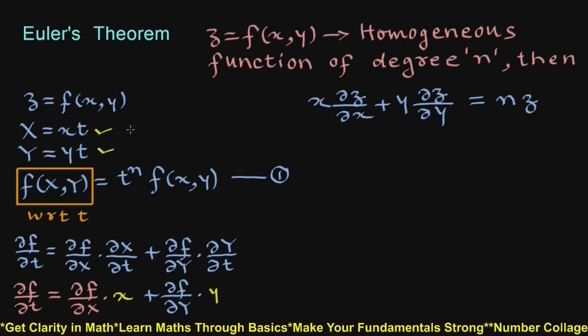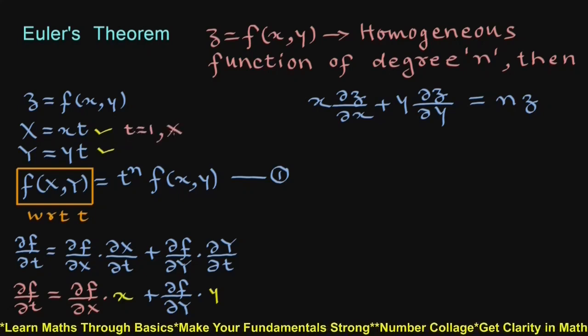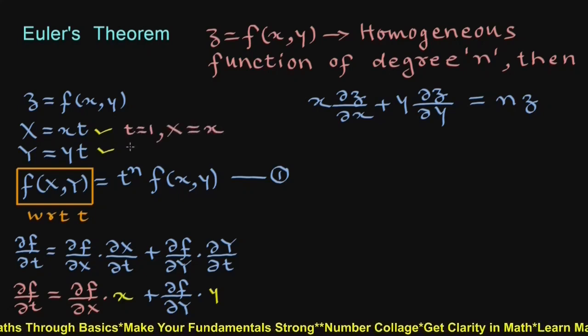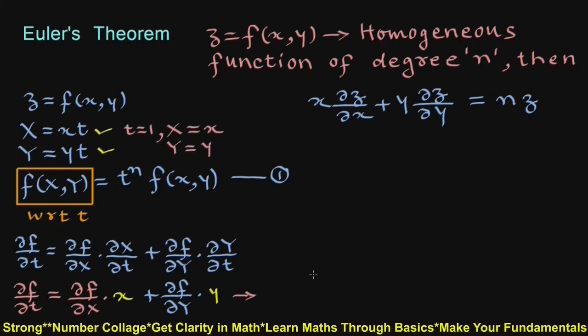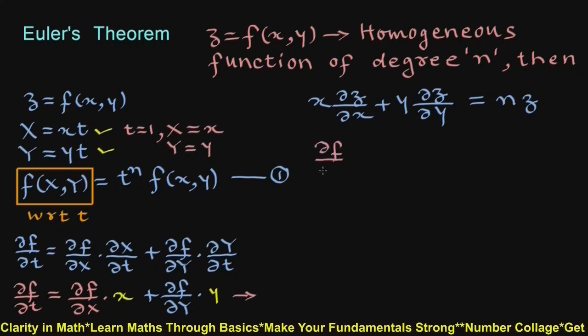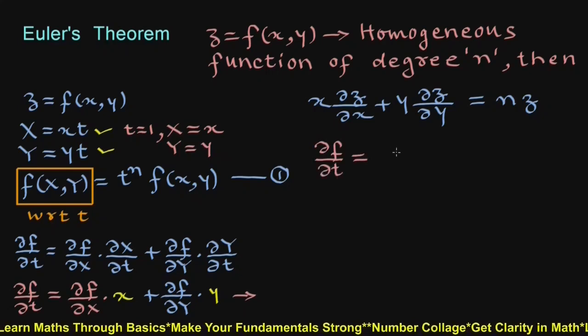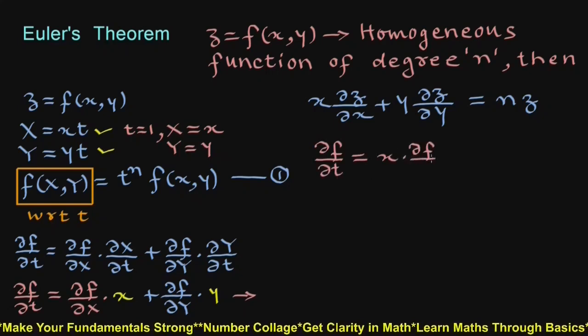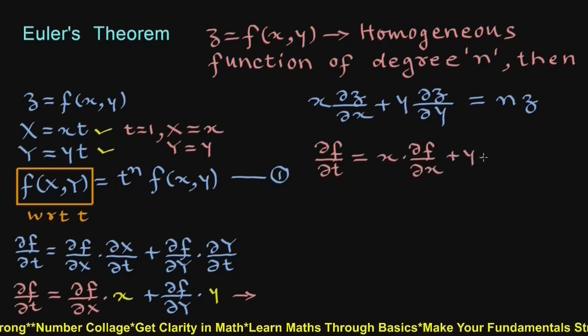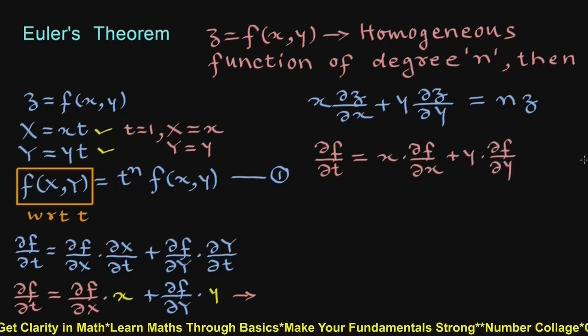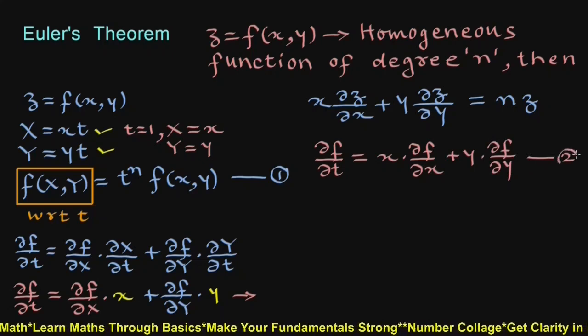Now here if we put t equals 1, then capital X will be small x and capital Y small y. So this equation will become ∂f/∂t equals x ∂f/∂x plus y ∂f/∂y. We name this 2.